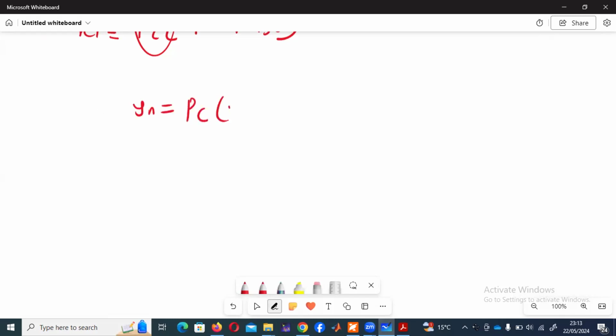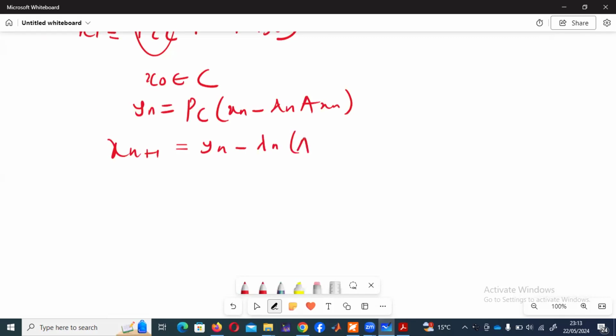yn equals PC of xn minus lambda n A xn, for instance, and xn plus 1 equals, don't forget you need an initial point, yn minus lambda n into bracket A yn minus A xn. Is it A yn or A xn?